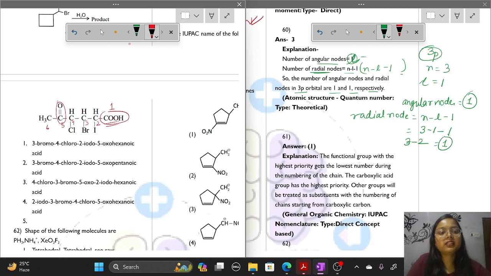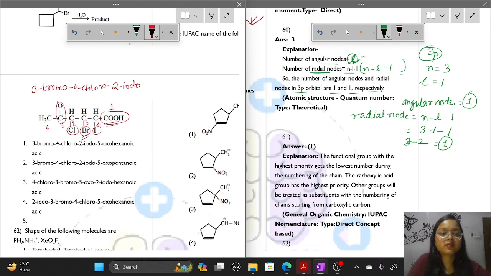Then we have to name the substituents. The substituents are named according to their alphabetical order. So here iodo group is present, bromo and chloro group. First we use the one which comes first alphabetically, which means bromine. So 3-bromo, then chloro, 4-chloro, then iodo, 2-iodo.